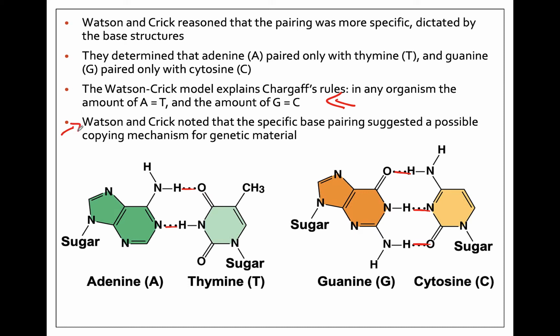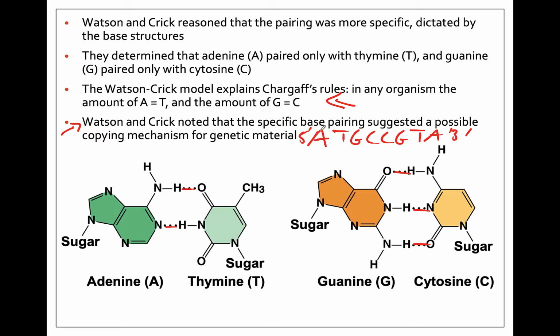Watson and Crick, in their second paper, noted that this specific pairing made it really, really convenient as a copying mechanism for the genetic material. So DNA could copy itself with only half a molecule. So if we only had one molecule of DNA, we could figure out what the other side should be. So the genetic material is going to be able to always pair.